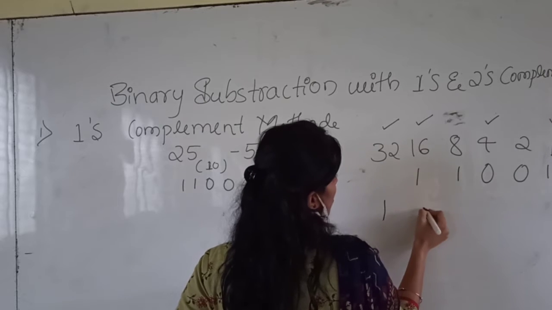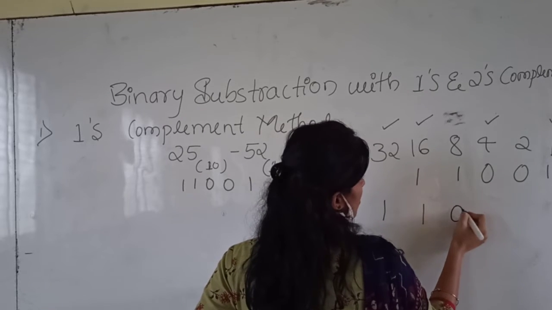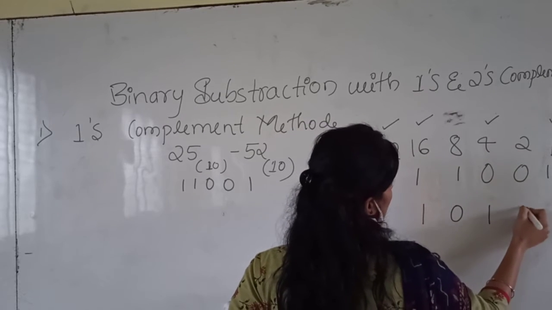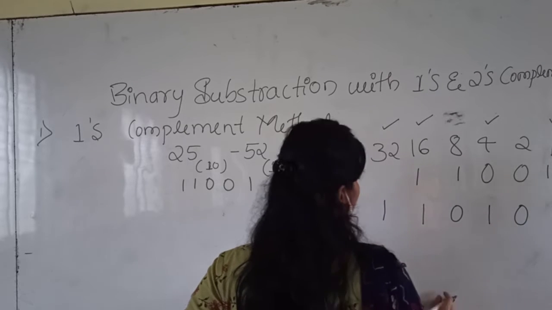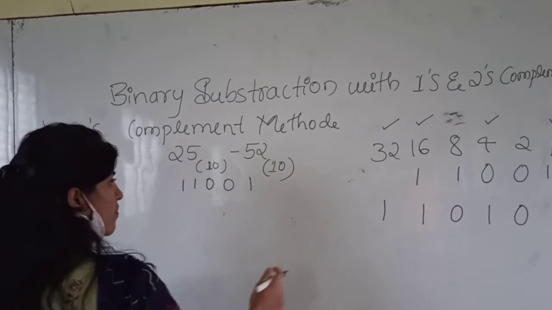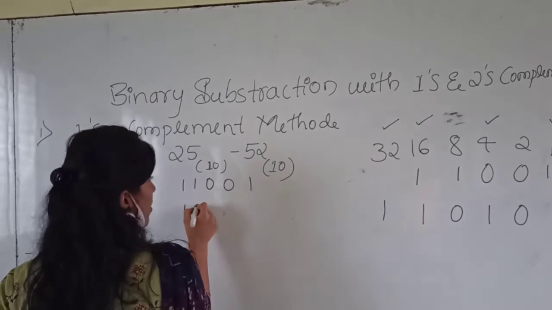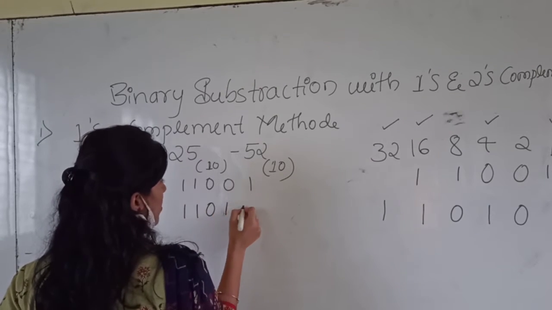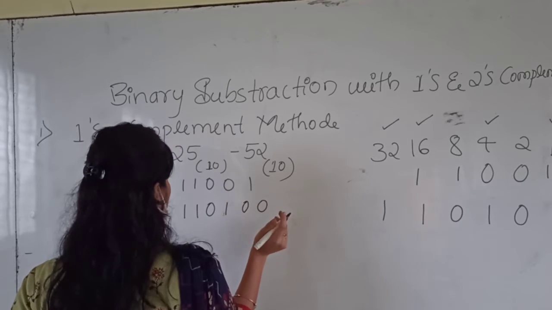Hence it is 1 1, the 8th position will be 0 and the 4th will be 1, and the remaining positions are 0. This is the binary equivalent of 52: 1 1 0 1 0 0.